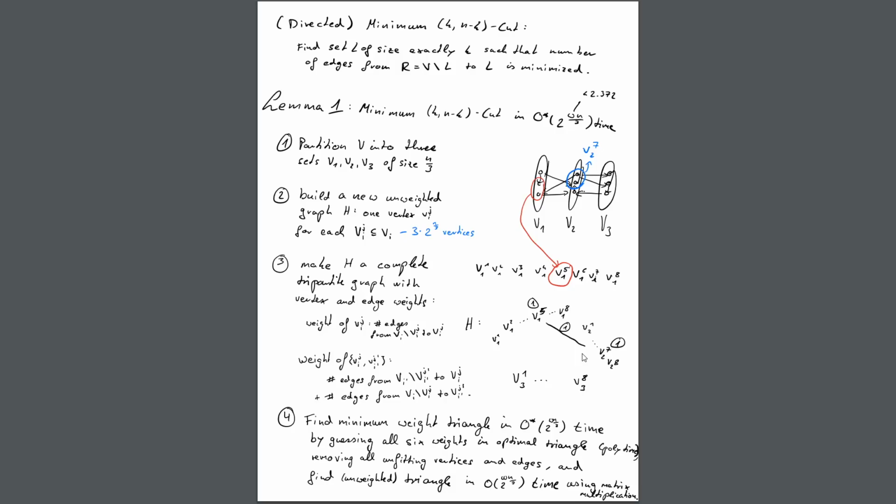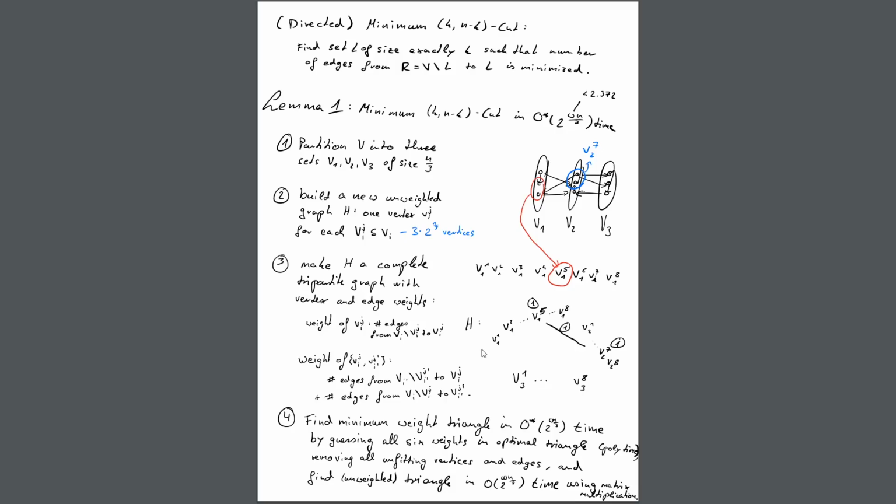And then we verify that there exists a solution with this weight just by finding an unweighted triangle in this large graph. And unweighted triangles we can solve in n to the omega using matrix multiplication. And since here the number of vertices in our graph is roughly 2 to the n over 3, this gives us 2 to the n over 3 to the omega, or equivalently 2 to the omega n over 3.